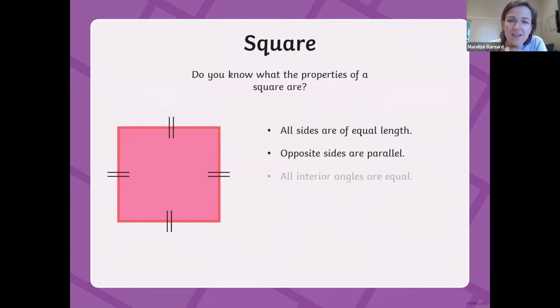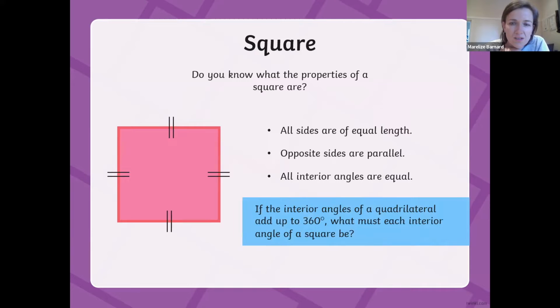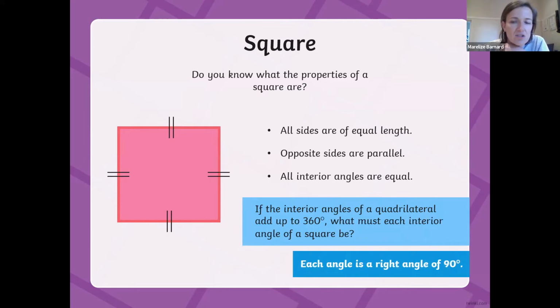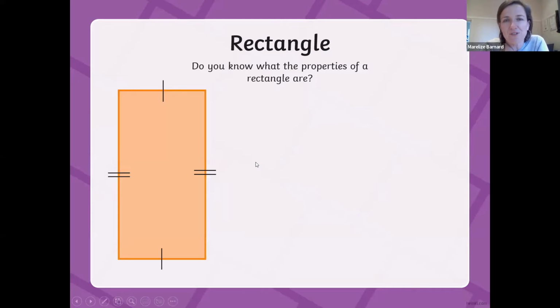Yeah, opposite sides are parallel. And all the angles are equal. And each of the angles are 90 degrees. Okay. Emmanuel saying about the diagonals. Right, good stuff.